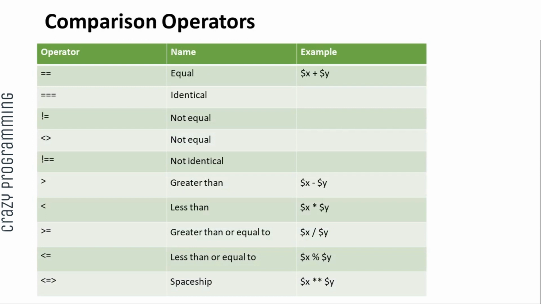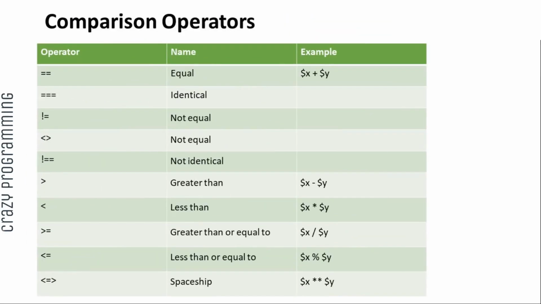Now let's go to comparison operators. It's a big table of comparison operators. I divided it into three parts: operators, the second one name, and the third one example. Alright, so you can see the first one, that is double equals.